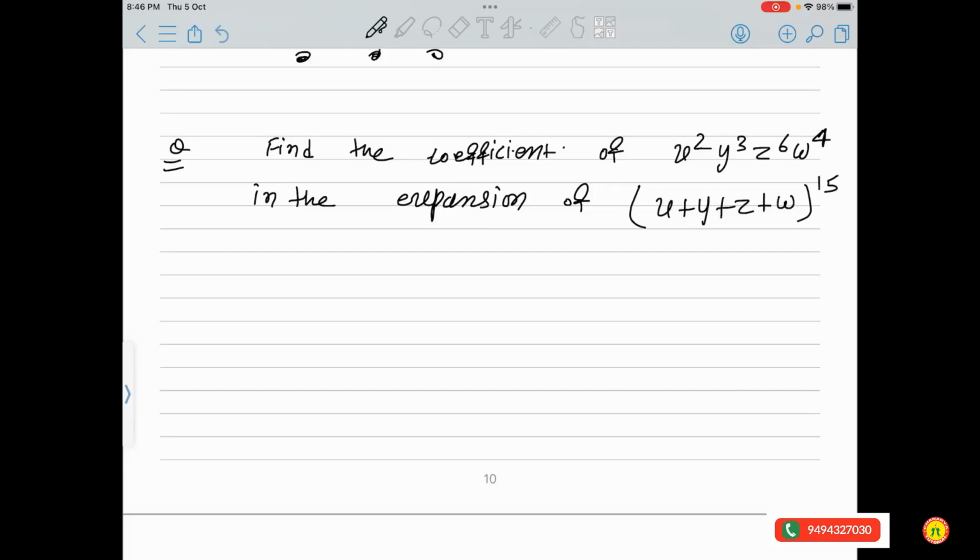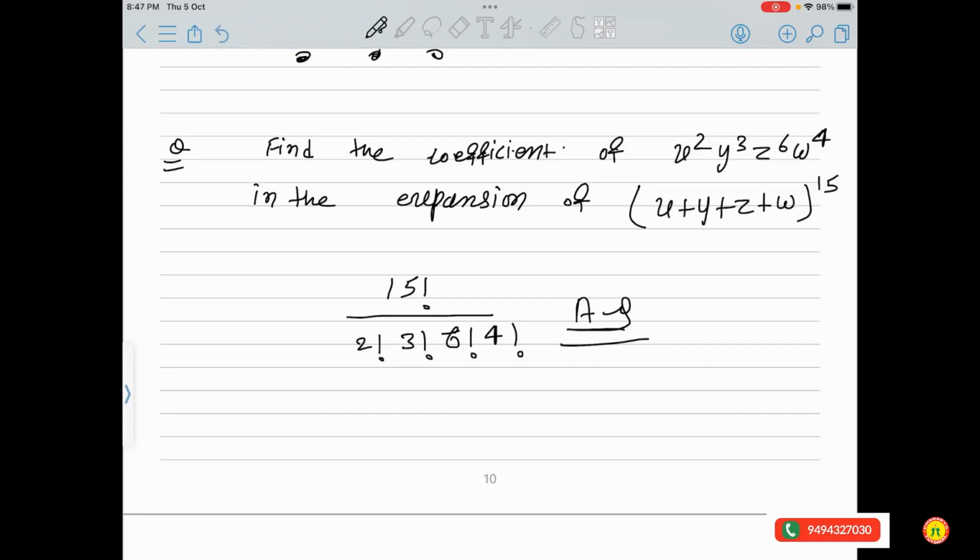So your answer will be 15 factorial upon 2 factorial, 3 factorial, 6 factorial, 4 factorial. This is the answer. You can say it easily, directly.